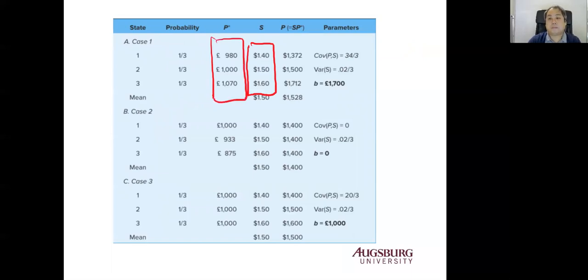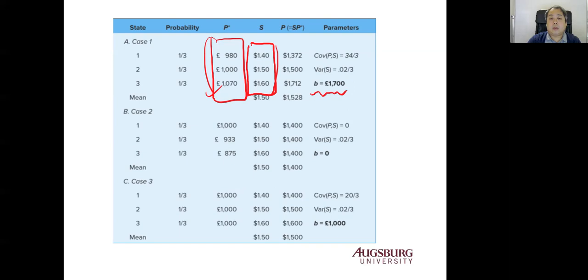They are positively related. If they are positively related, the beta is 1,700 pounds, which means that the U.S. firm faces substantial exposure to currency risk, right? Because based on the change in exchange rate, firm value changes substantially.